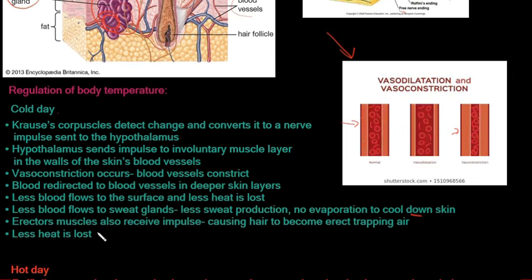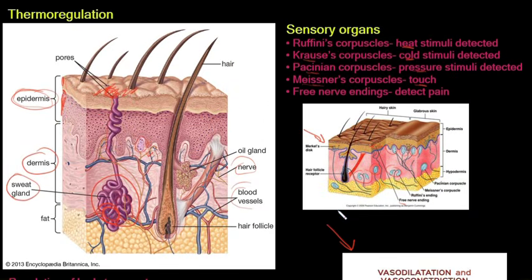Then, erector muscles also receive an impulse, causing hair to become erect, trapping air. Less heat is lost. So these erector muscles, it's this shaft you can see over here. This erector muscle pulls on the base of the hair, and as it pulls, the hair becomes erect.